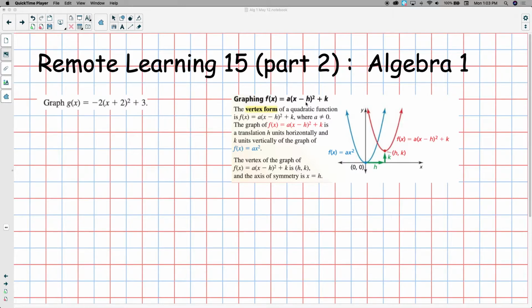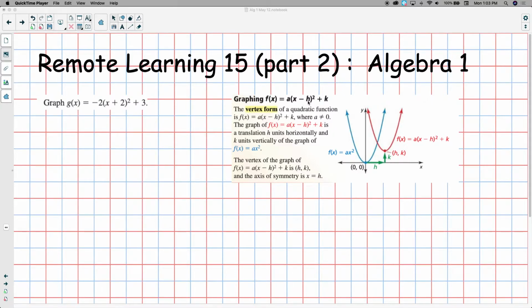Now, we were dragging things on Geometer's Sketchpad at one point, and we found that if you have x minus 2, it drags it to the right 2, so that the item that's being subtracted is the place where the vertex moves to. I'll do an example in just a second.